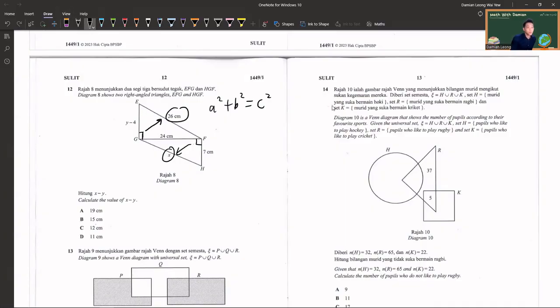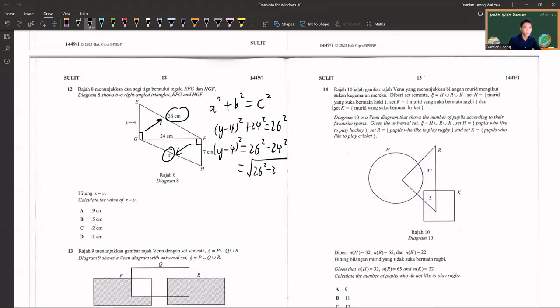So form the equation, find y and x, then I can find x minus y. So y minus 4 square plus 24 square equals 26 square. Here, 24 square goes to the other side with the opposite sign, minus. This one must be positive.